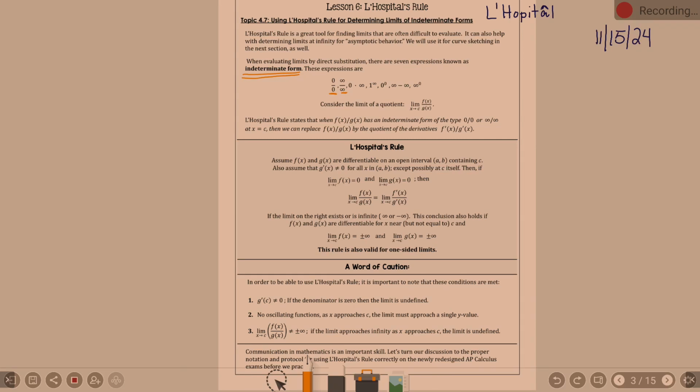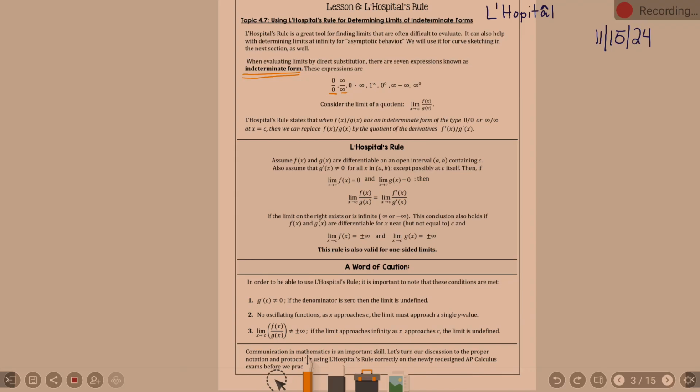So, L'Hopital's rule. Assume f of x and g of x are differentiable, which means you can take the derivative, on an open interval a to b containing the value c. Also assume that the derivative does not equal 0 in the denominator for all x in this interval, except possibly c itself.